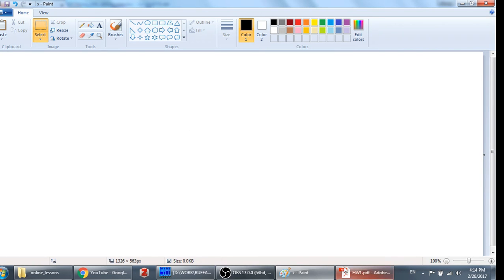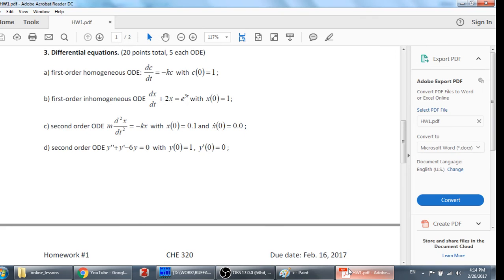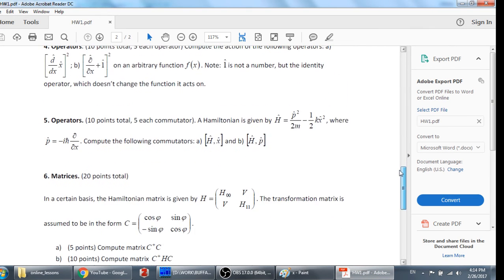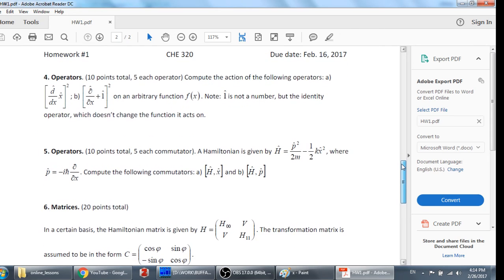Now, I guess this material is more or less simple. Let's go here to some other topics that sometimes cause a little bit of difficulties, and specifically operators.